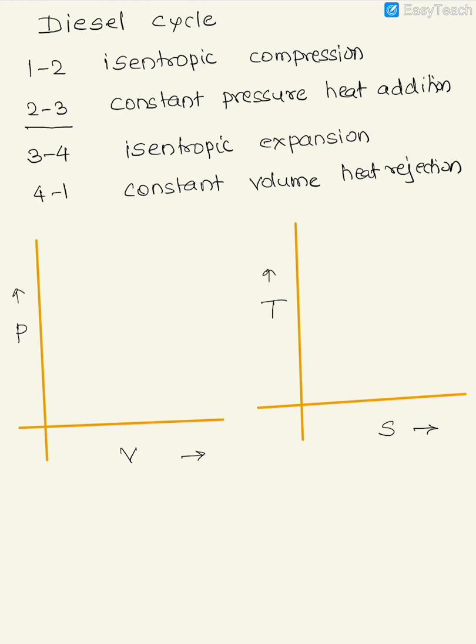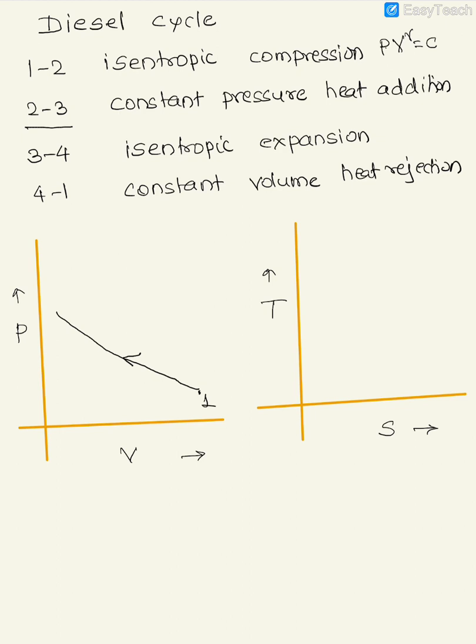Now 1 to 2, as in the Otto cycle, would follow the curve P into V raised to gamma is equal to constant, and the compression would be from the initial state, which is equal to the atmospheric pressure and atmospheric temperature, and the volume will be equal to the total volume as explained in the earlier lecture. So we would be compressing the charge from 1 to 2.